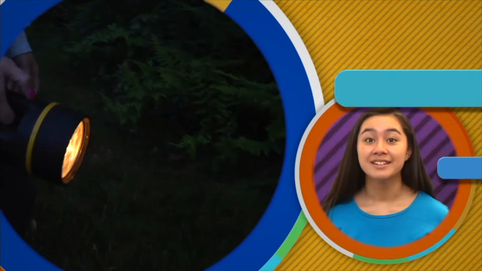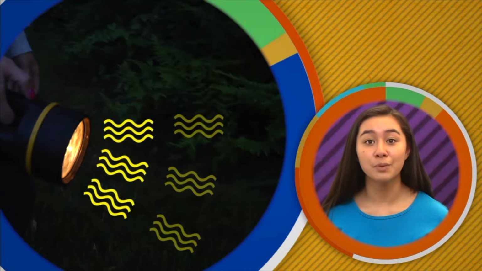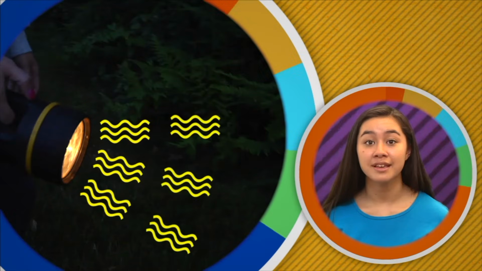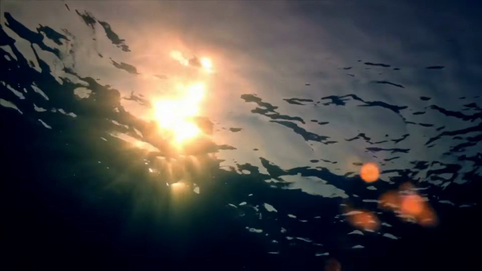Let's review some of the new things you learned. Now you know that light waves can act like moving particles and are sometimes called rays or beams, and that light rays always travel straight until they hit something. When light rays hit an object, three things can happen. They can be transmitted, absorbed, or reflected.